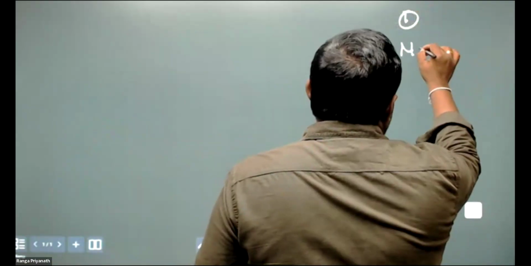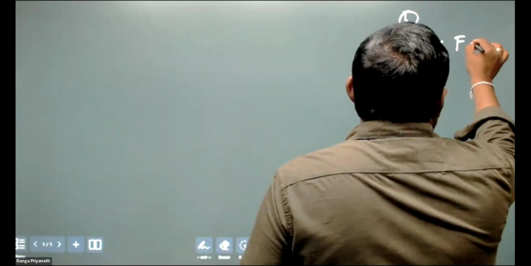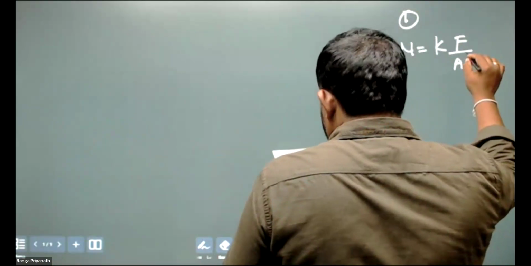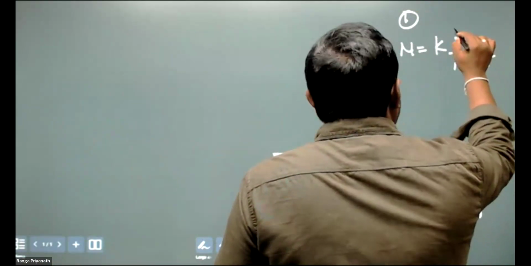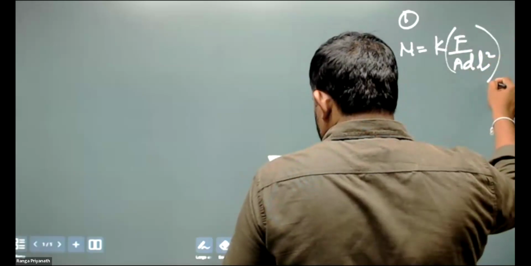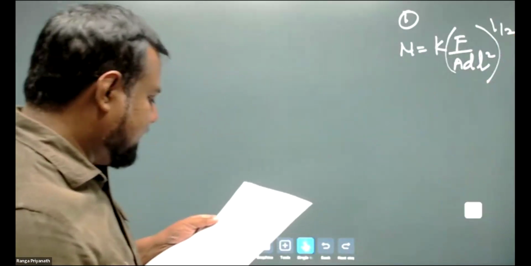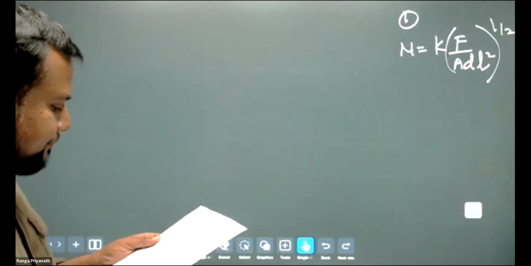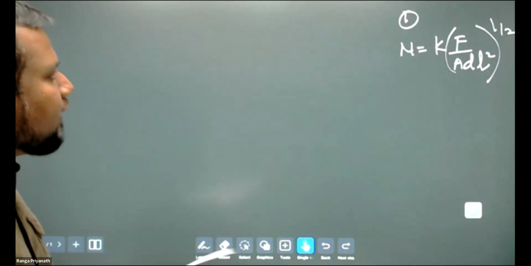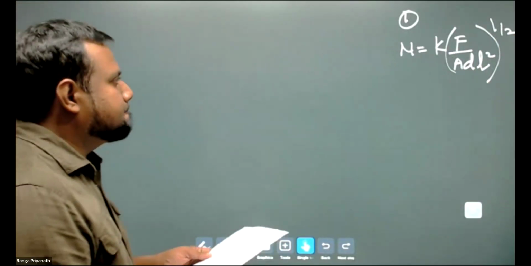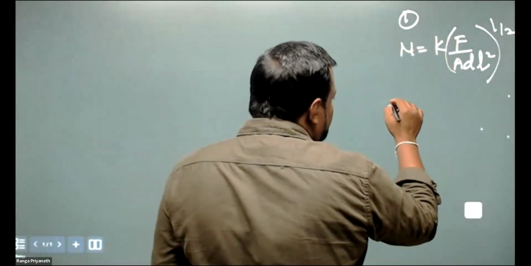N is equal to K F over A D L squared, all to the power half. K is a dimensionless constant. So they want you to know what is meant by capital N. Let's find the dimension of N. That is what we normally do.